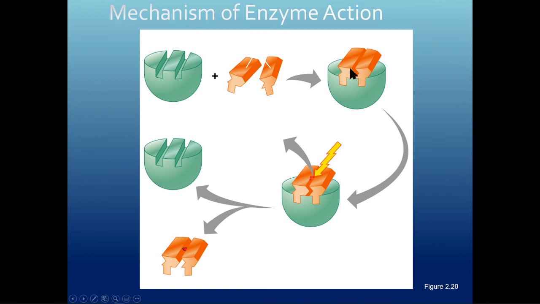Picks them up so they are held so close together that now they can bond, form a new bond and form that molecule, and then it releases it. As we see here, the shape that the enzyme started with and the shape that it ended with is exactly the same. So it gets reused again. So this same one picks up two new ones and does this over and over and over again.